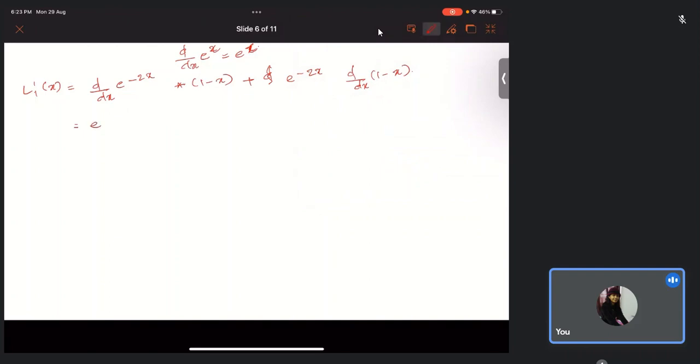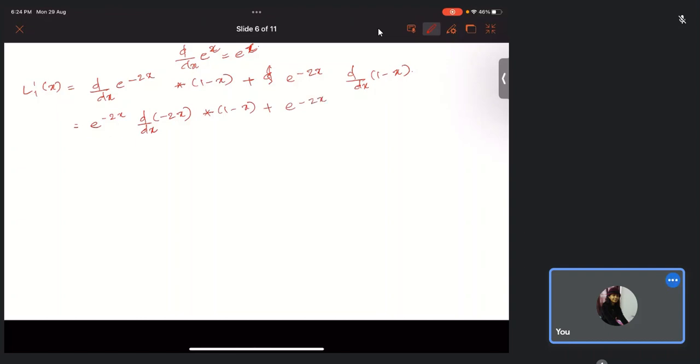So that's going to be e raised to minus 2x, d by dx of minus 2x, into 1 minus x, plus e raised to minus 2x times d by dx of 1 minus x.